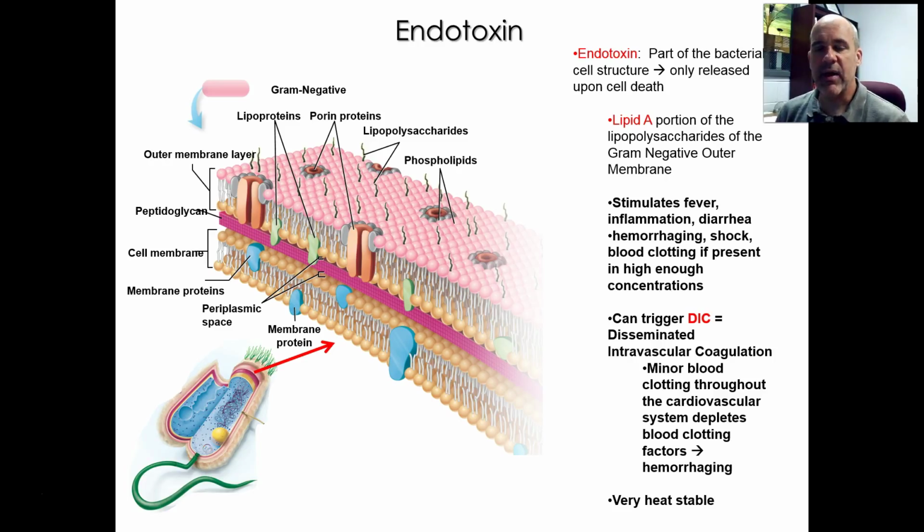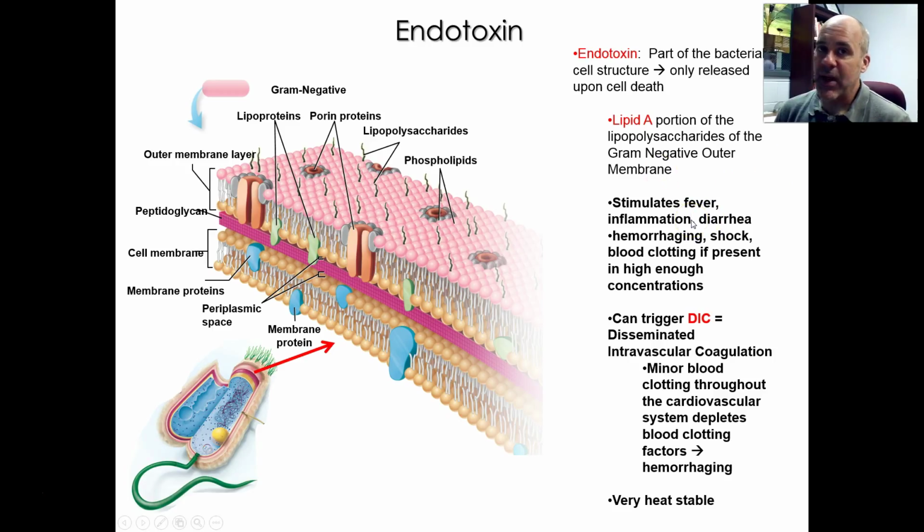And it's endo because it's within the bacterial organism. It's actually part of its structure. And so it's only going to be released when gram-negative bacteria die and they get digested and broken down by your phagocytes. So your phagocytic cells, one of their jobs is to clean up dead stuff and debris and so forth and break it down. And so when that happens, the lipid A's get released, and that triggers an immune response.